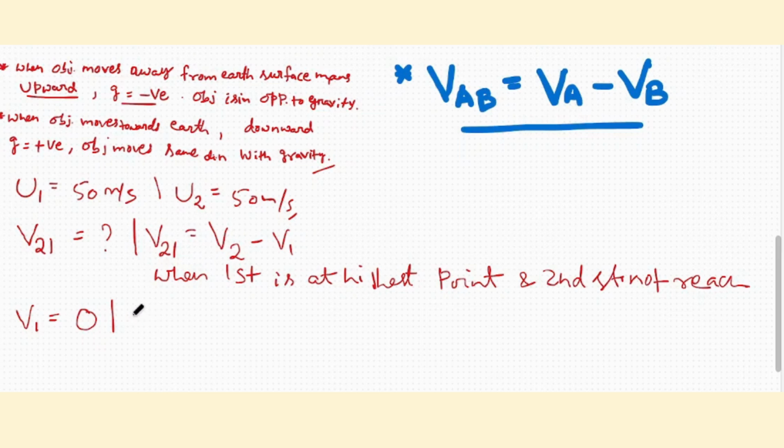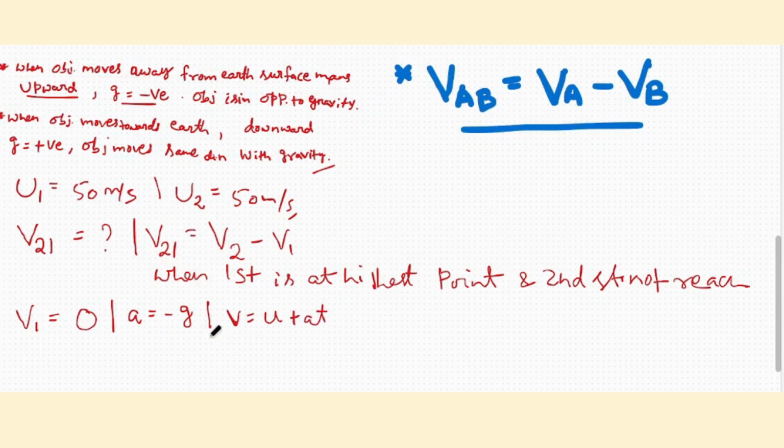So V1 will be 0 now, and acceleration will be minus g as it is moving away from the surface, upward. So we can use v is equal to u plus at.